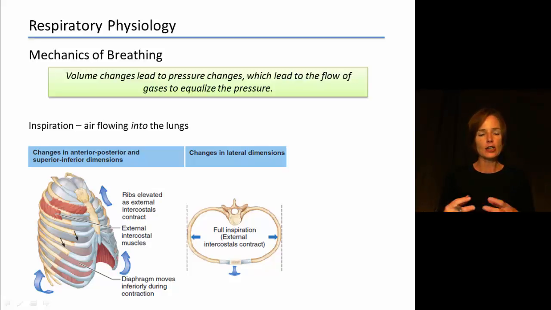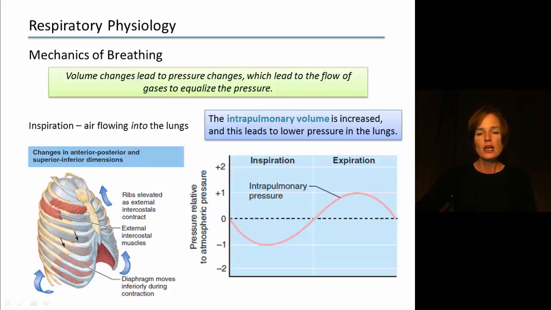And when we inhale, everything is going to expand. So we do have a change in the lateral dimensions of the lungs, which you can see in the picture here. This inhale, this inspiration, is going to increase the intrapulmonary volume. This increase in volume leads to a lower pressure inside the lungs because we have that greater volume there.